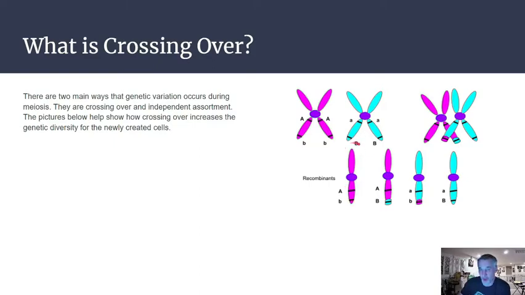So we could have an all pink one. We could have a mostly pink one with a little bit of blue. We could have a mostly blue one with a little bit of pink. Or we could have an all blue chromatid. Any one of those combinations is going to lead to more genetic diversity. And remember, for humans, this is happening for 23 pairs of chromosomes. 46 chromosomes can do this.